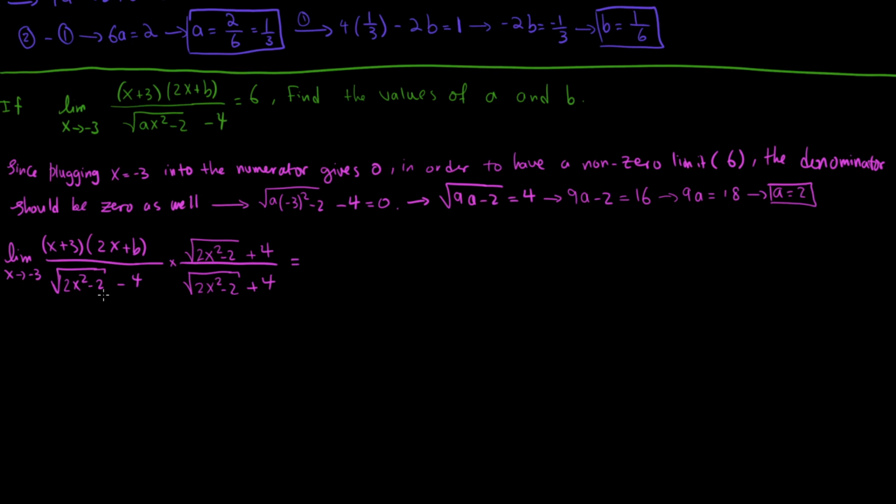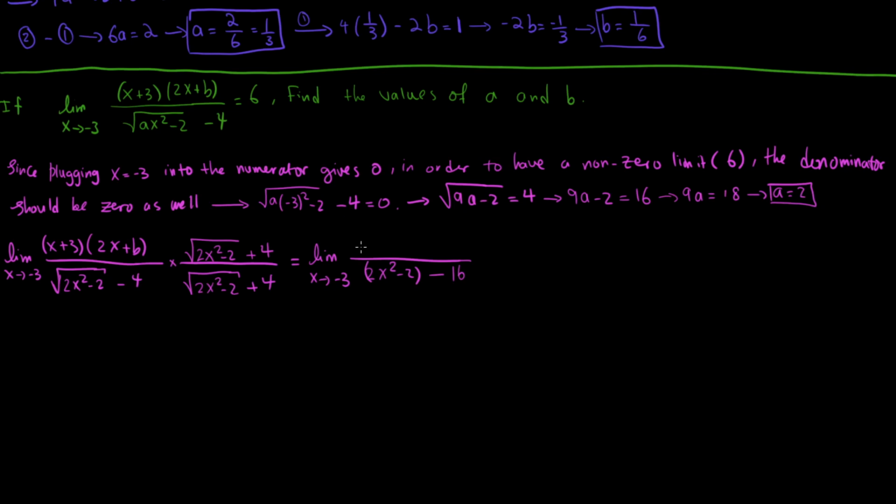Now the bottom is a minus b times a plus b example, so we can just do difference of squares. It would be the first one squared, which gets rid of the root, minus the second one squared, which is just 4 squared, which is 16.